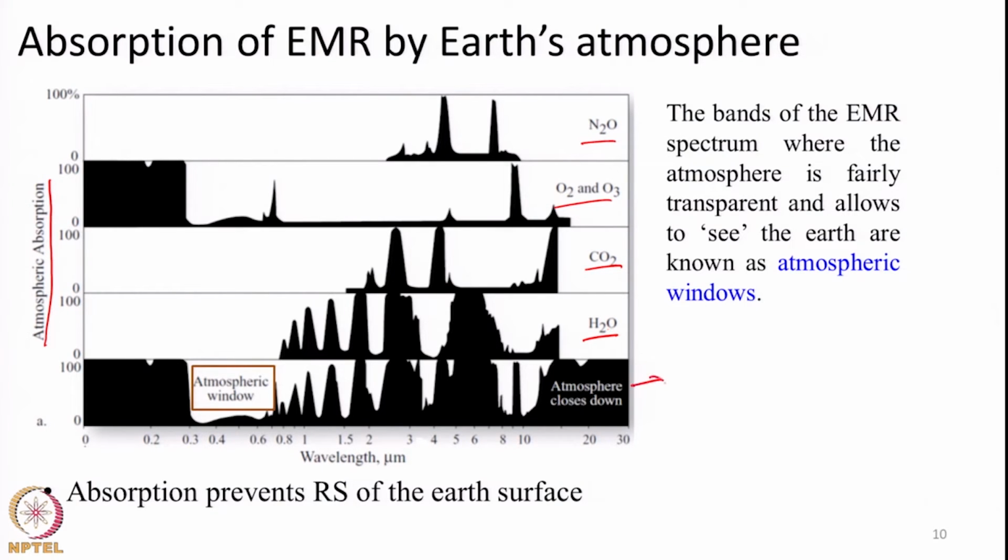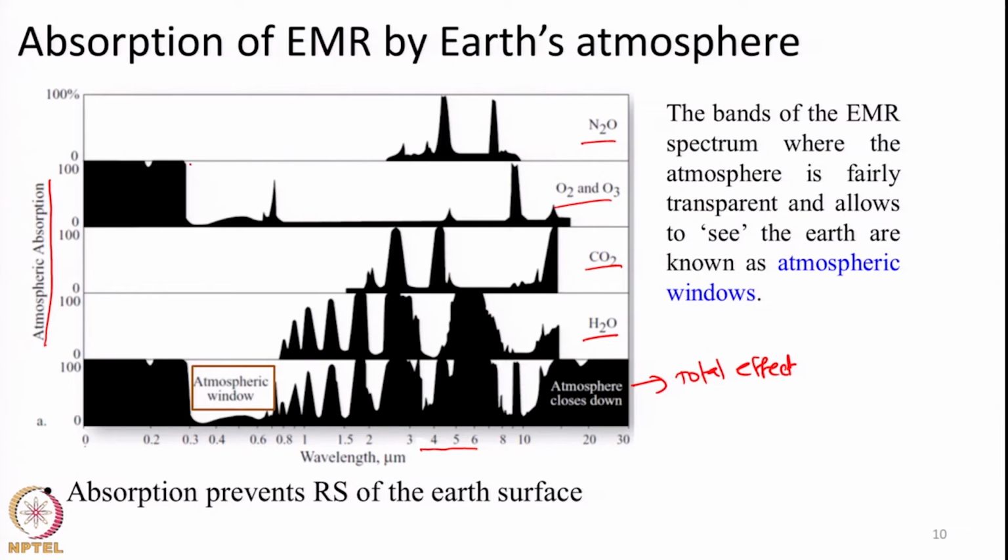This is the total effect of all molecules together, and these first 4 figures are due to the individual molecular components. For example, N2O, nitrous oxide, is the main reason for absorption in the mid-wave infrared around 4 micrometers. Then oxygen and ozone, O2 and O3.